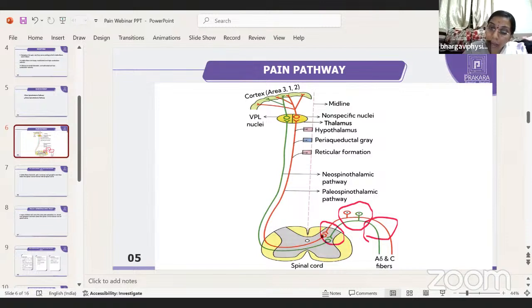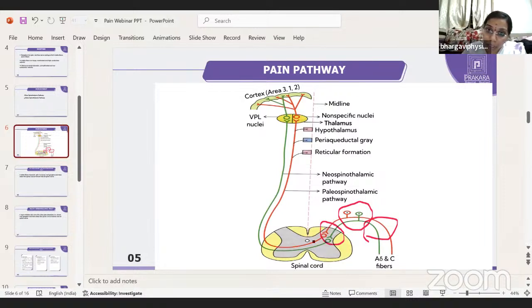Then next, the fibers from the nucleus, substantia gelatinosa of Rolando, are crossing from this side to the opposite side. Okay, from the right side to left side. Right side fibers will cross to the left, and left side fibers will cross to the right side.